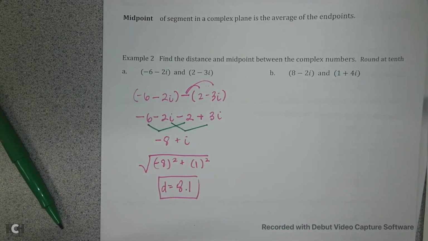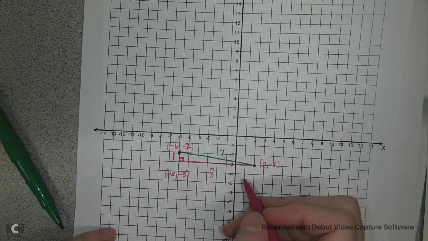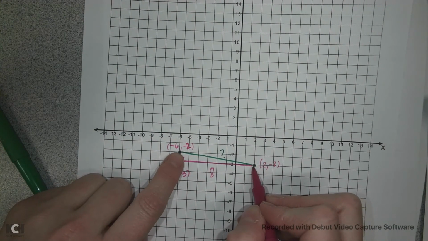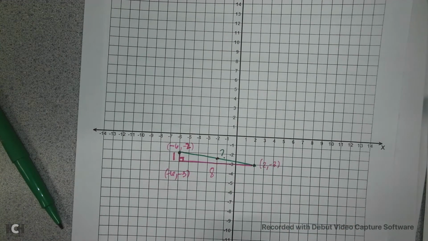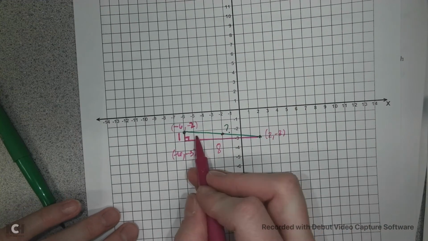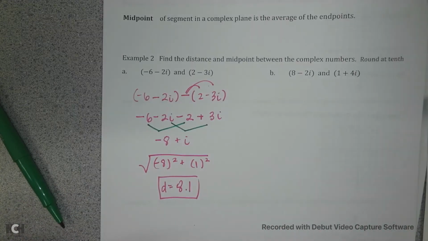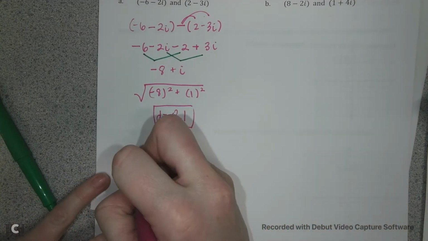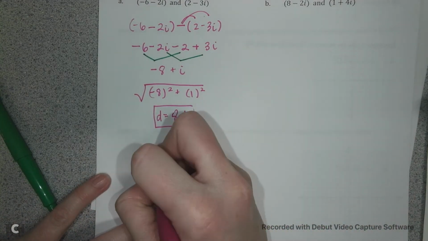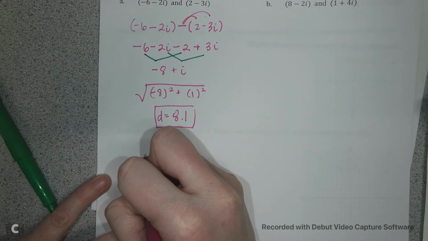Well, now we have to find the midpoint. So we're finding the halfway point between these two complex numbers, so halfway like here-ish. In order to figure out here-ish without having a grid, we need to get the average of these. So that's how you find the midpoint. We're going to add up the reals, -6 and 2, and then cut them in half.